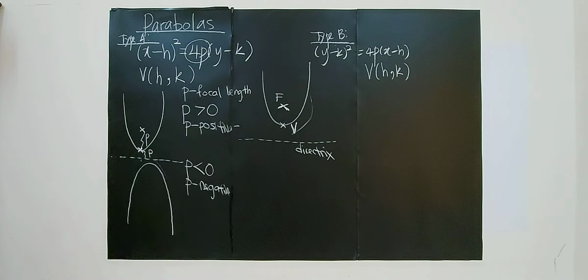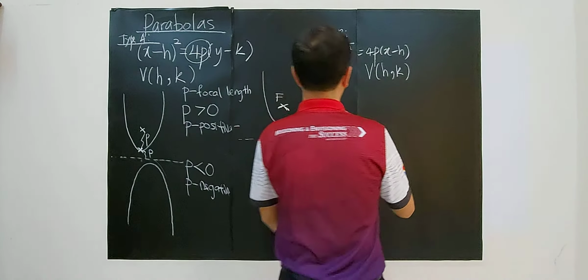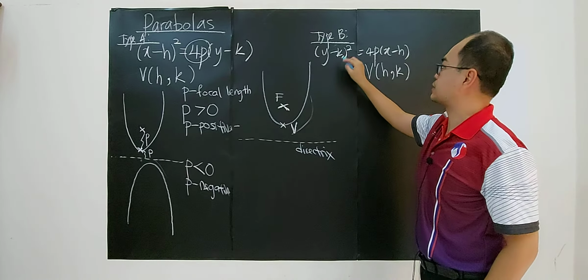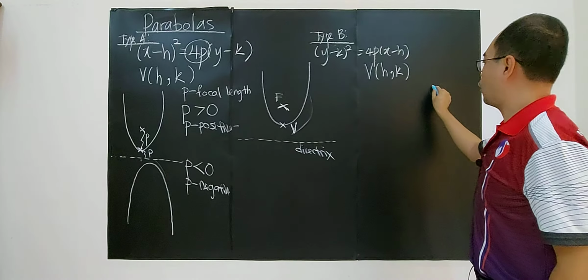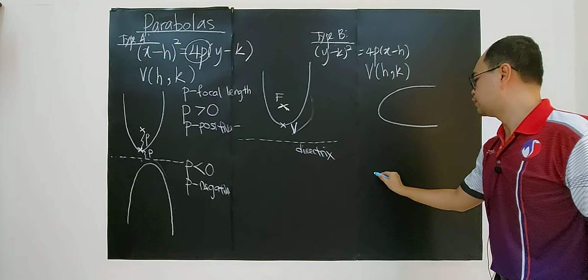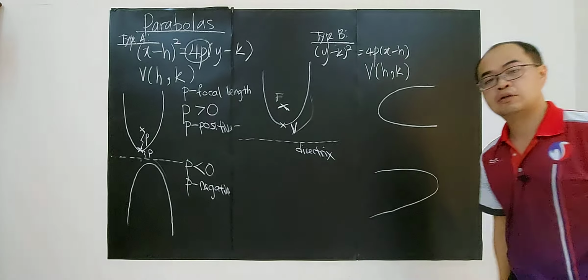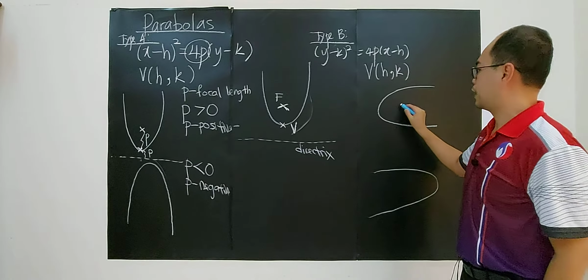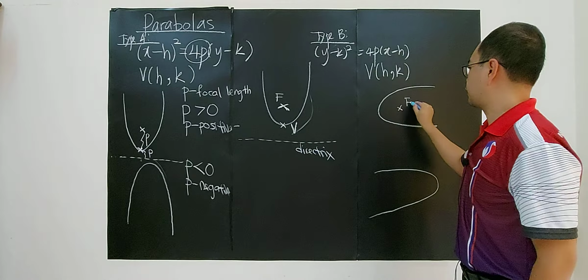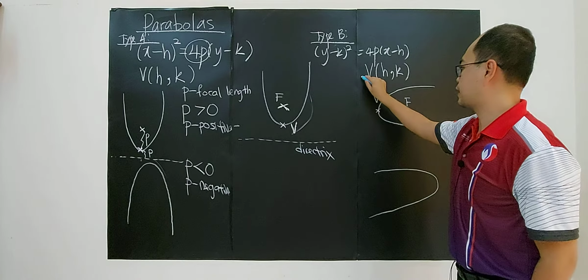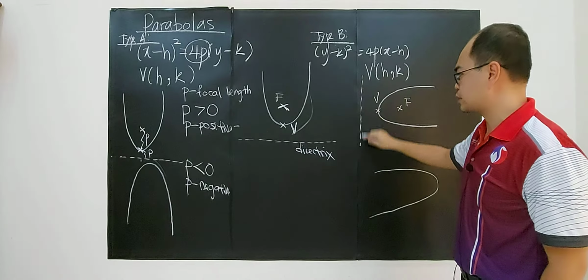Okay, let's go for this. For this type of case where y minus k is squared, the graph is either open to the right or open to the left. That's all you need to know. There is a focus, a vertex and a directrix. Here the directrix is horizontal, and for the other the directrix is vertical.